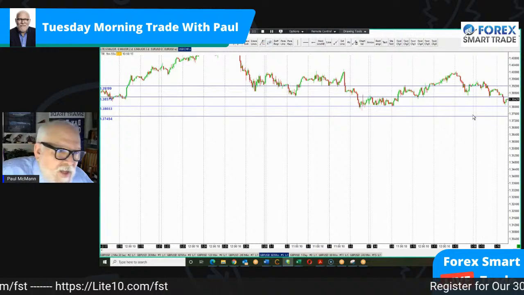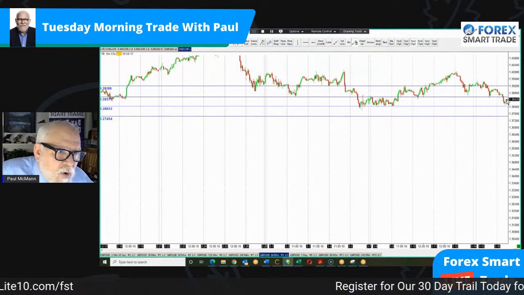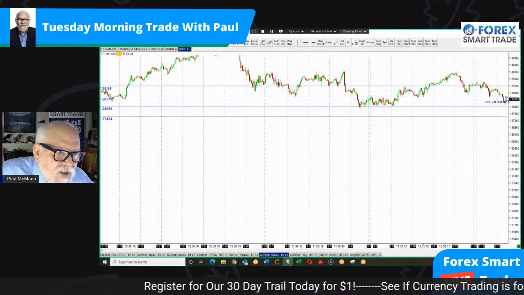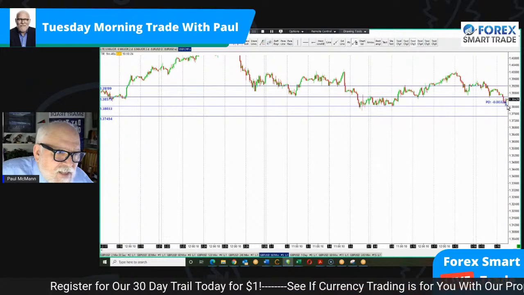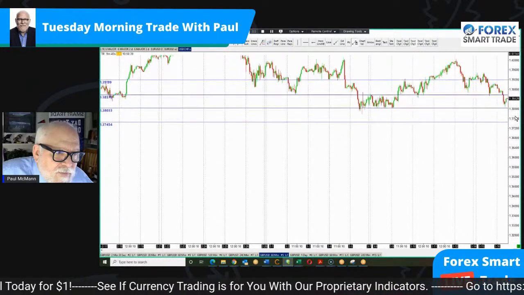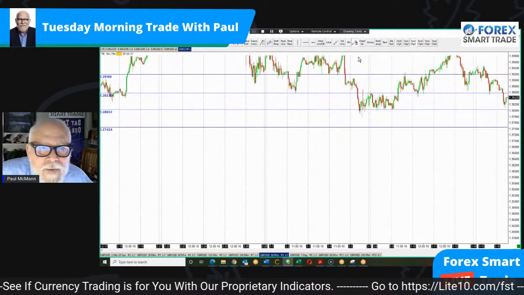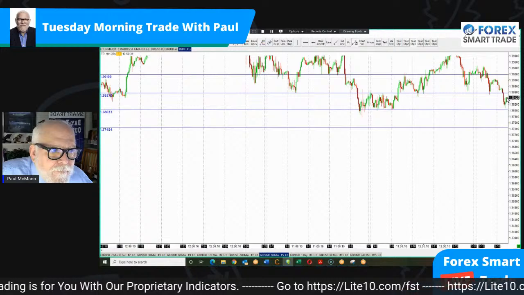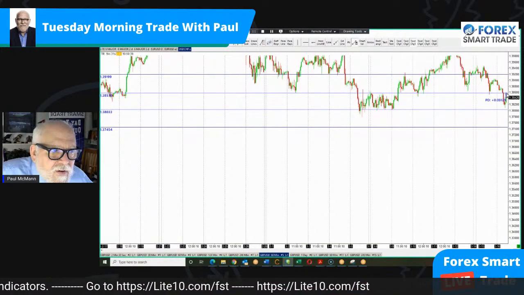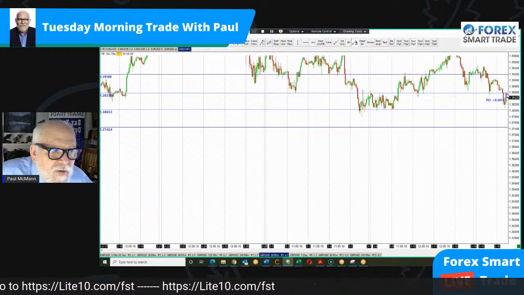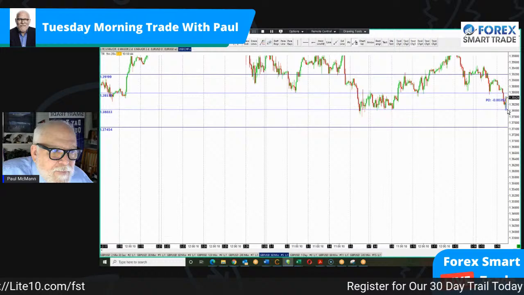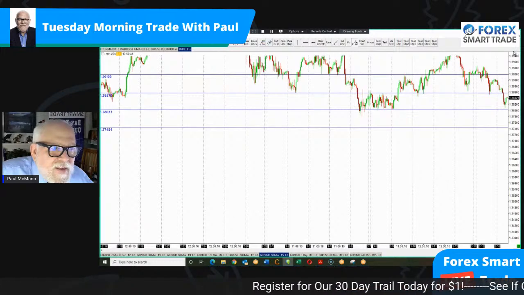In fact, let's take a look at how many pips it is. I like to know how much room I have till I hit this line. So I've got 13 pips here and 40 pips down. So 13 pips up till I hit this line. 13, 14 pips up and 40 pips down.